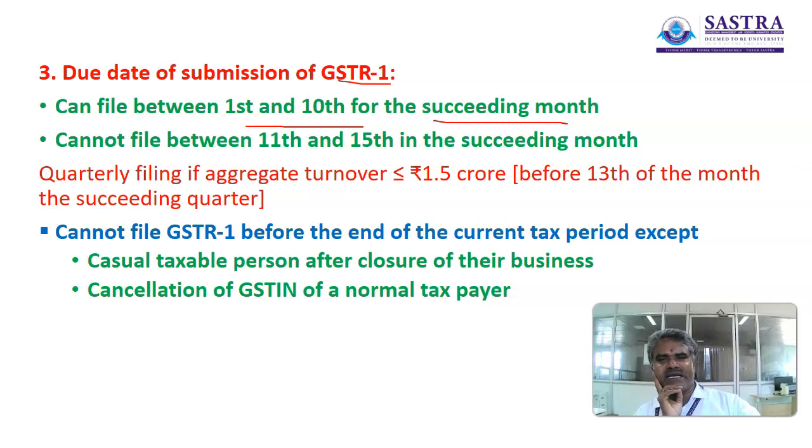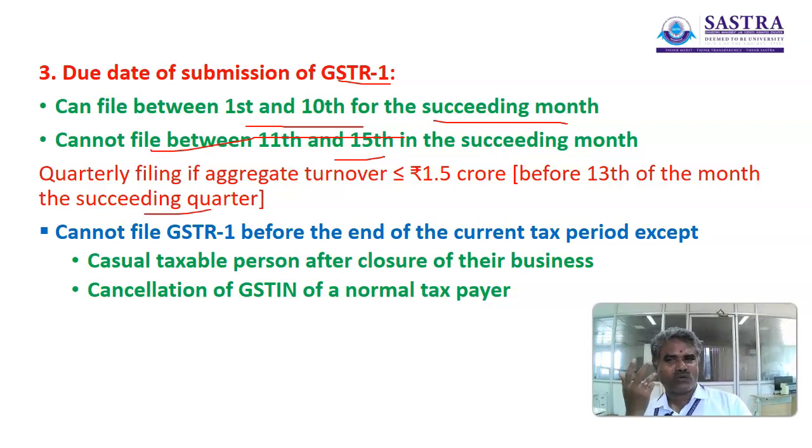You cannot file between the 11th and 15th of the succeeding month. Suppose you fail to file within 10 days, even though they give some time to you, at least you have to file the return between the 11th and 15th, but you cannot file. But for qualifying quarterly filers, whose aggregate turnover is less than 1.5 crore, the due date is before the 13th of the month succeeding the quarter.